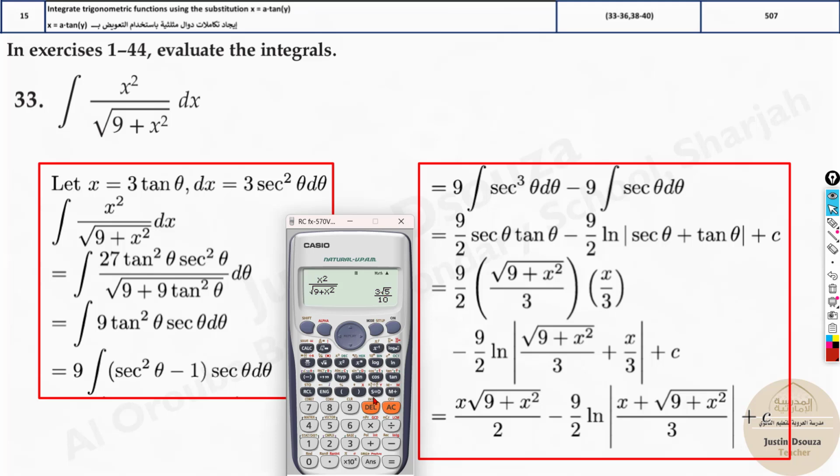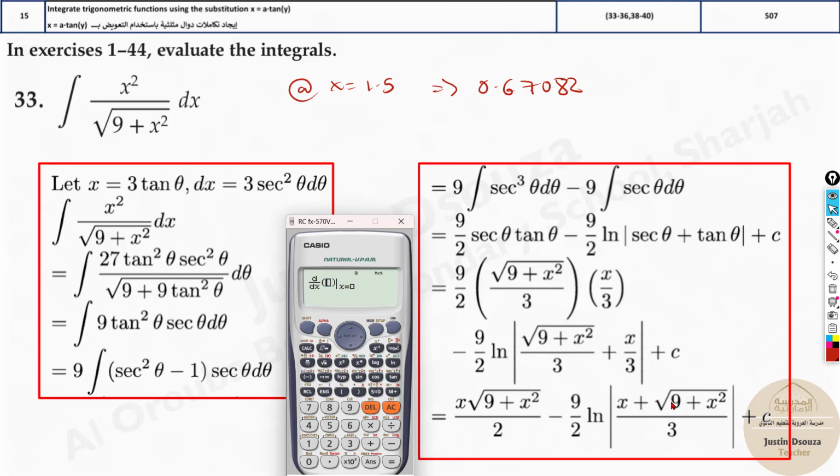Here you got 3 root 5 by 10. Take it as a decimal and write it out. At x equal to 1.5, I'm getting the value 0.67082. So now you need to solve all the four options, whatever options you're given, in this form, dy by dx.